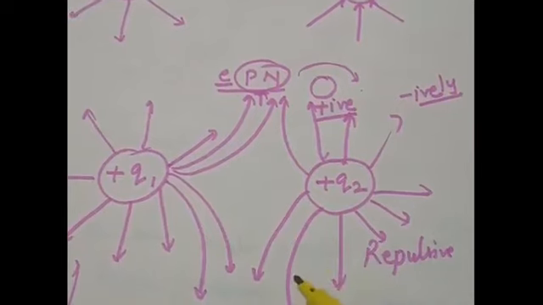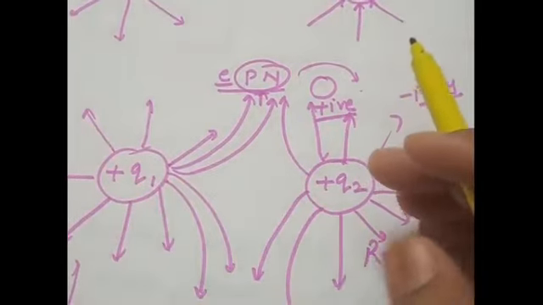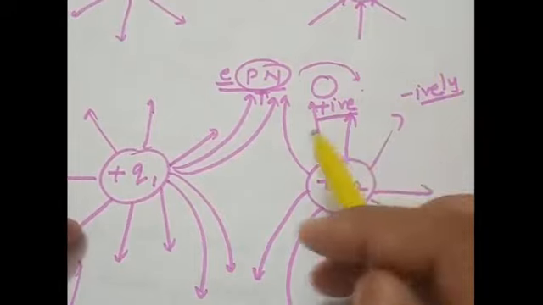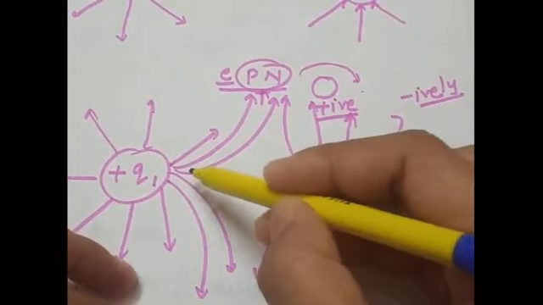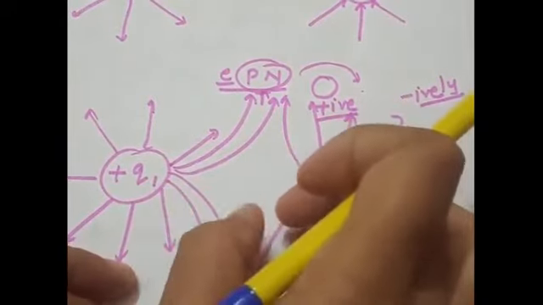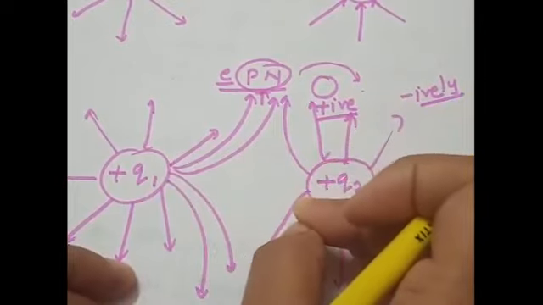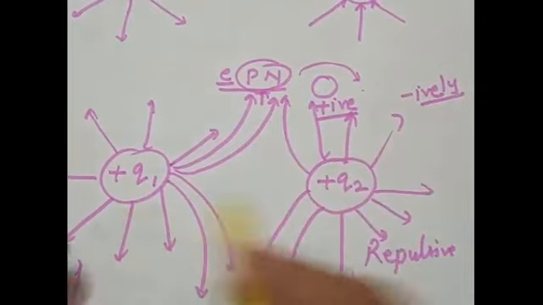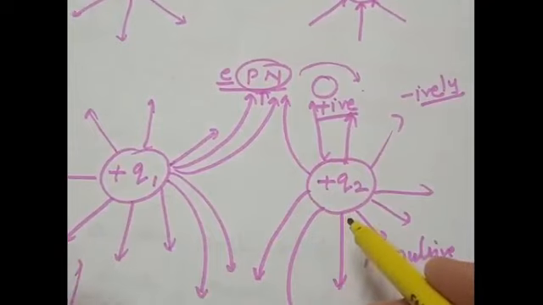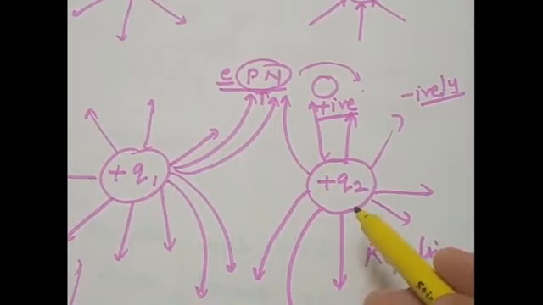One more point: when Q1 and Q2 are equal in magnitude, they put an equal force of repulsion on each other, so the electric field lines will be repelled with equal forces. But when either of them has a higher magnitude, the repulsion effect of that charge will be higher on the other.